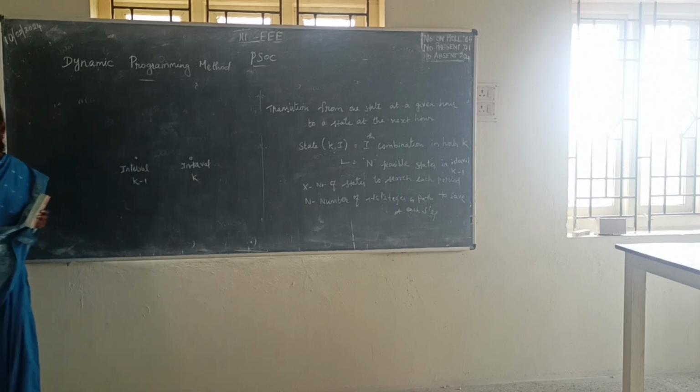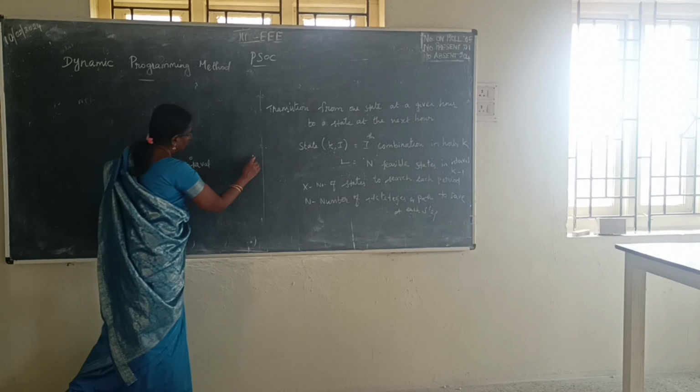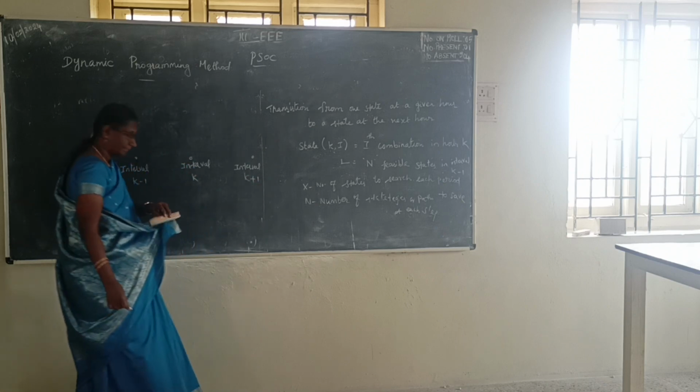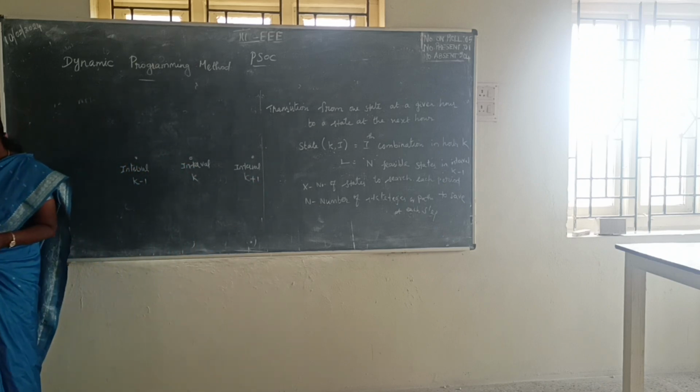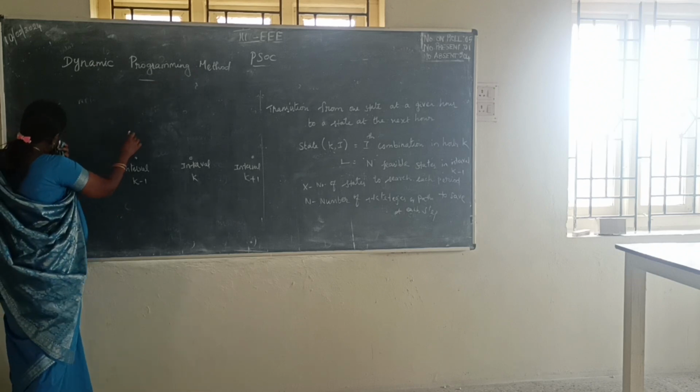And the last one is the number of combinations, that is interval k plus 1. Here we are going to consider n number of units.